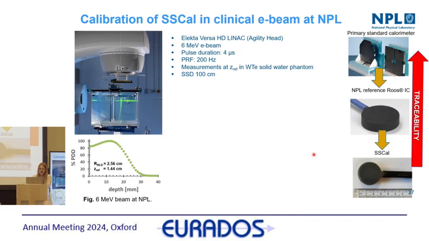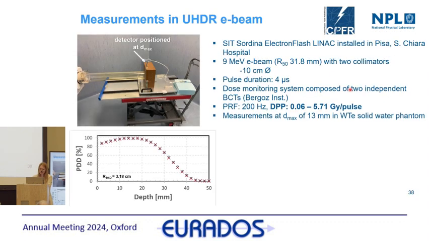So how do we calibrate them at NPL? This is just a simple demonstration that we're using the same methodology as with the ionization chamber, and our secondary standard calorimeter is fully traceable to our primary standard electron calorimeter. To test the performance of this instrument, we carried out measurements at ultra-high dose rate with a dedicated flash linac called electron flash linac, manufactured by Sordina.